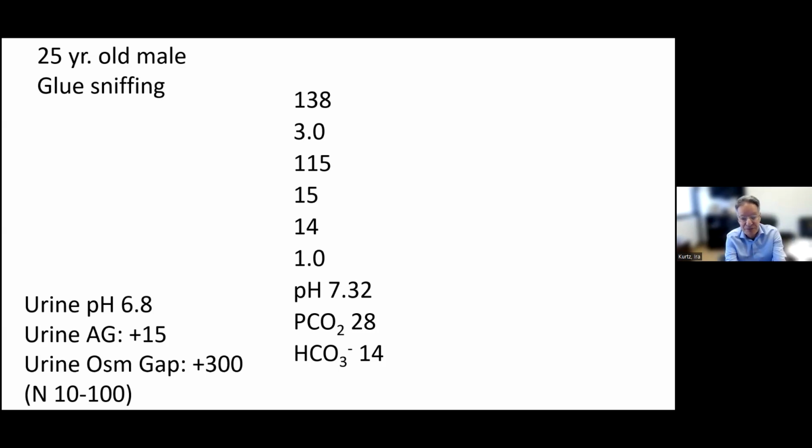So first the acid-base pattern or acid-base diagnosis, and then your brain goes to the next step. What are the potential clinical causes of that? And separate those ideas. Don't mix those two things. The first thing is, what's the acid-base diagnosis, independent of what the clinical cause is. Okay, so as I say, normally it would be GI or renal. In this case, it has something to do with the glue sniffing.